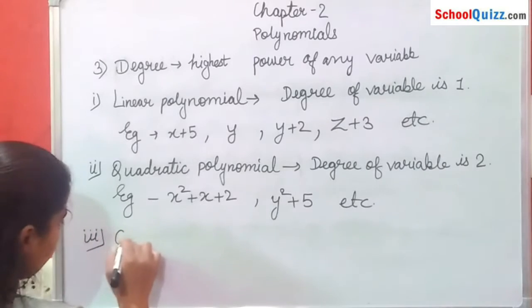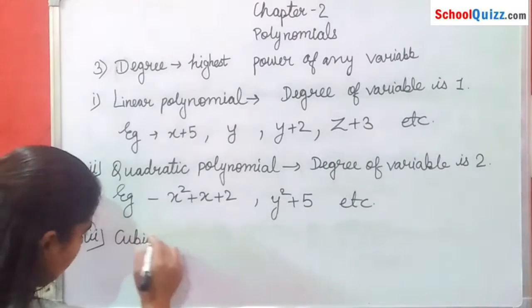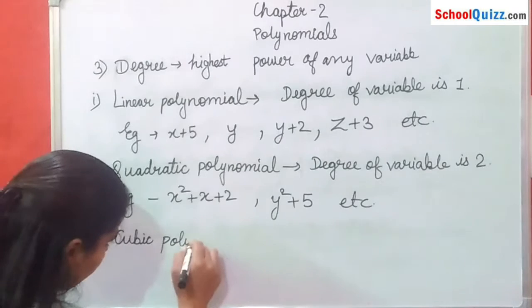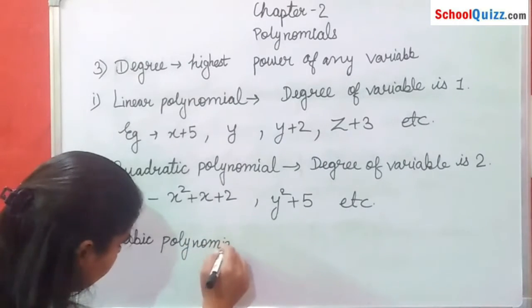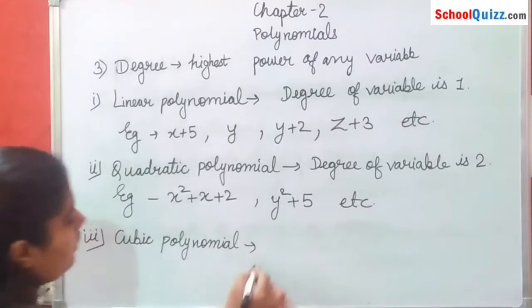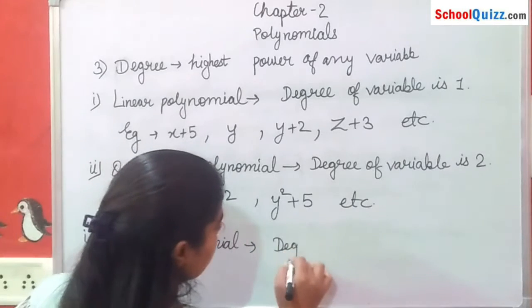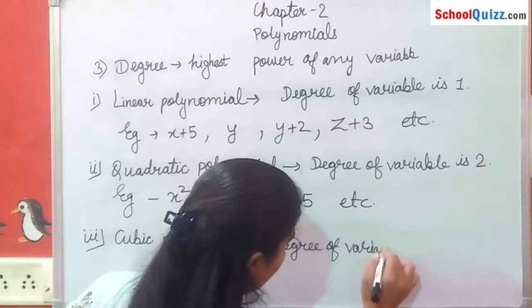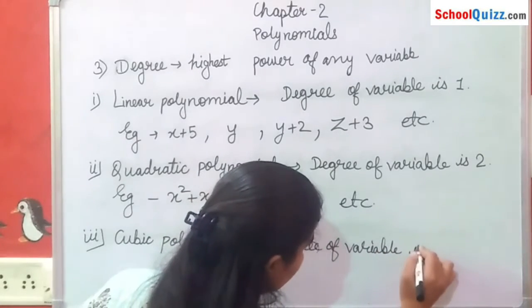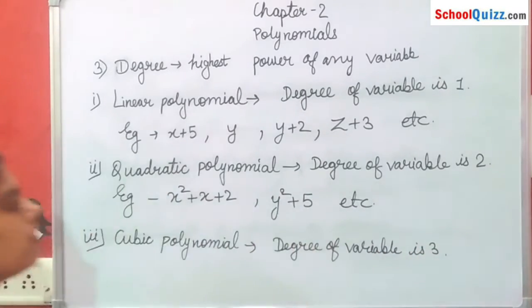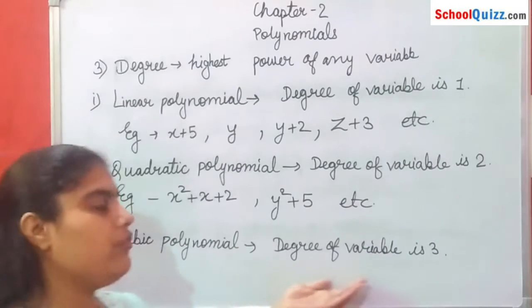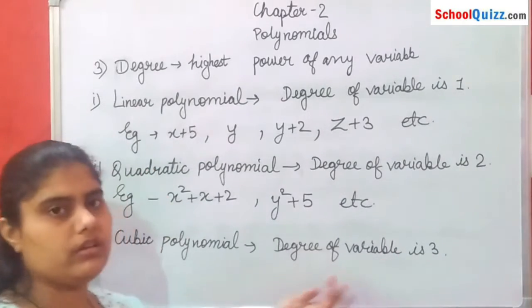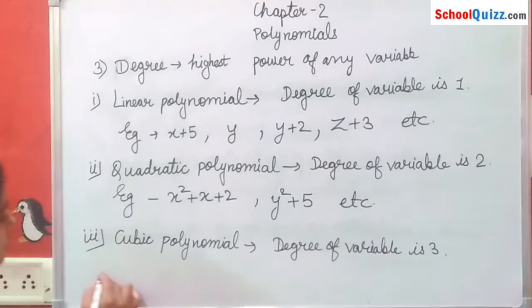Third is cubic polynomial. In a cubic polynomial, the degree of the variable is 3. Cubic polynomial में degree of variable क्या होगी? 3 होगी. The degree of the variable will be 3.